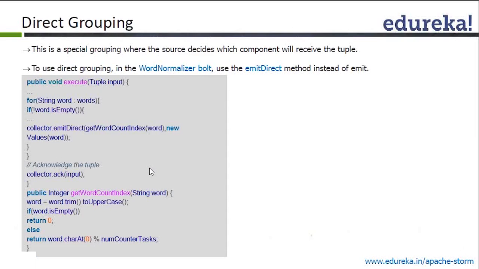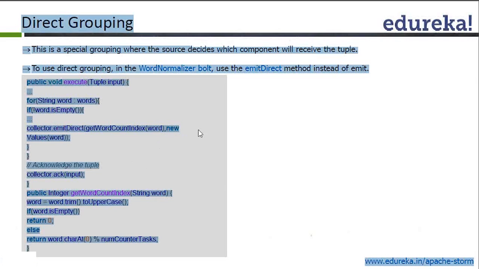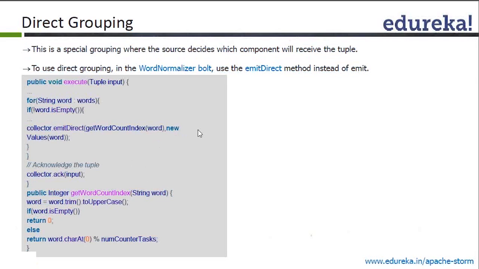So guys, when you emit the data from a bolt or from a spout, you typically use the method called collector.emit. But here, if you have to use direct grouping, you will be using the emitDirect method instead of emit. That is point one difference.